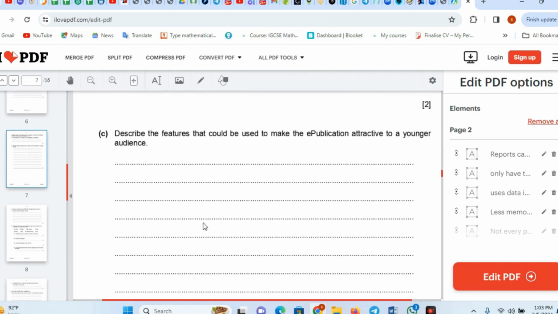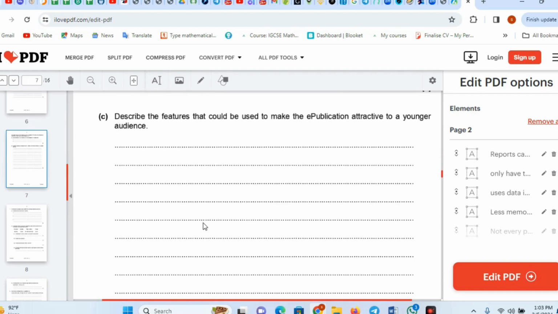All right. So let's go to question 6C. It says, describe the features that could be used to make the e-publication attractive to a younger audience. So when you have a younger audience and you want to make this e-publication attractive to them, what do you do? The first thing to do is you put bright colors.